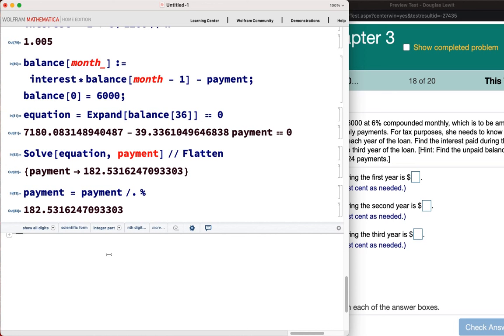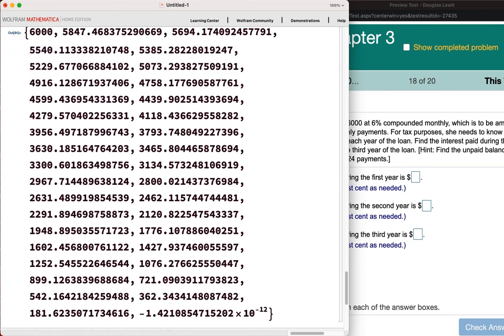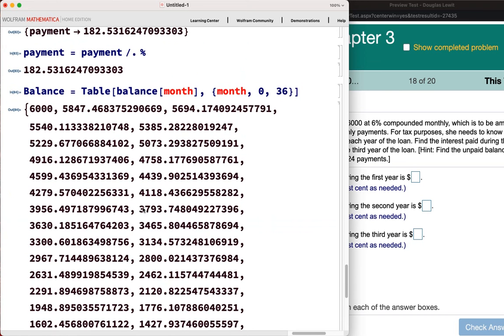So our balance is initially, let's see, balance is equal to table, balance month, where month goes from 0 to 36.